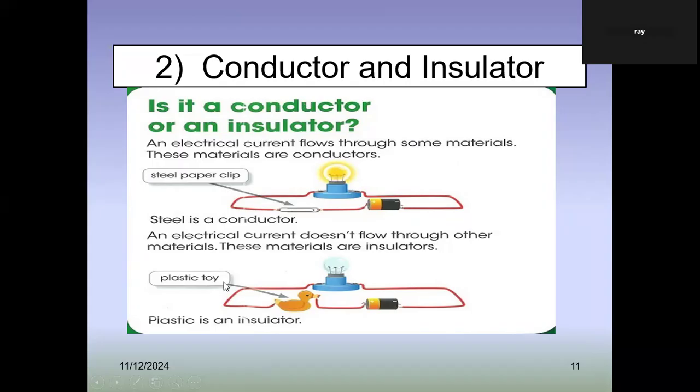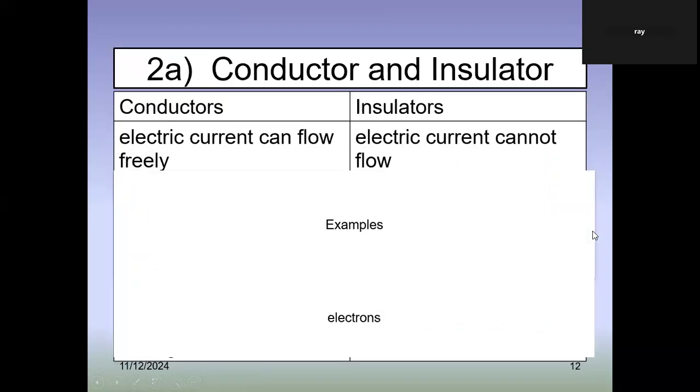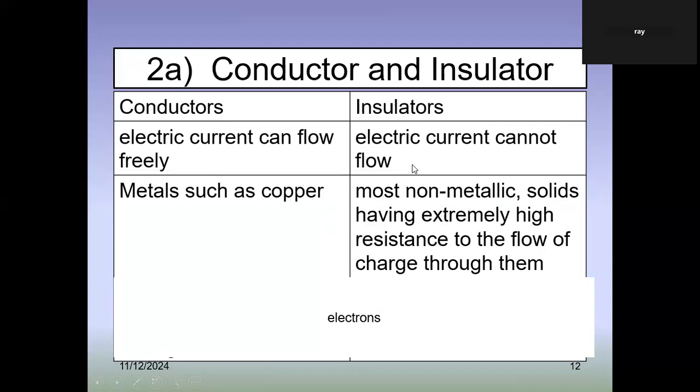Whereas with an insulator, current doesn't flow through these materials. If we join the insulator to the wire, there is no current. So plastic is an insulator. What's the difference between conductor and insulator? In a conductor, electric current can flow freely. In an insulator, electric current cannot flow.